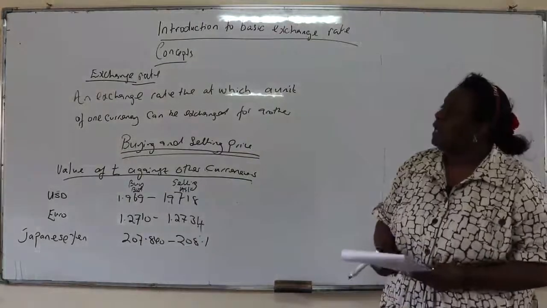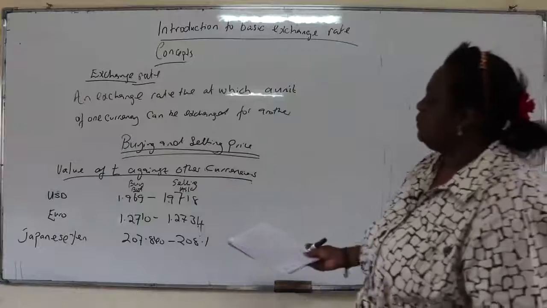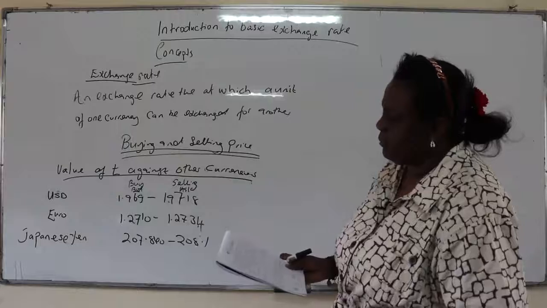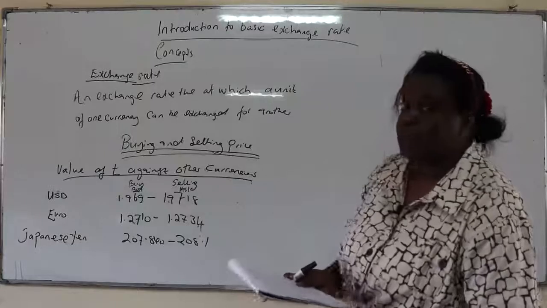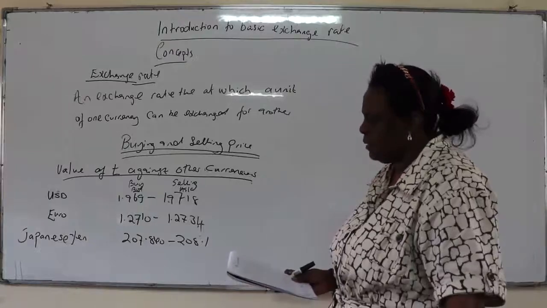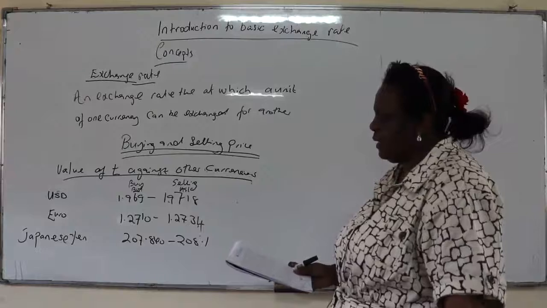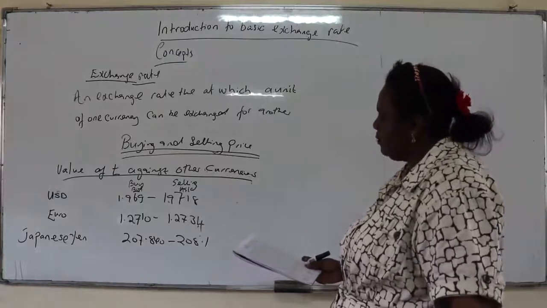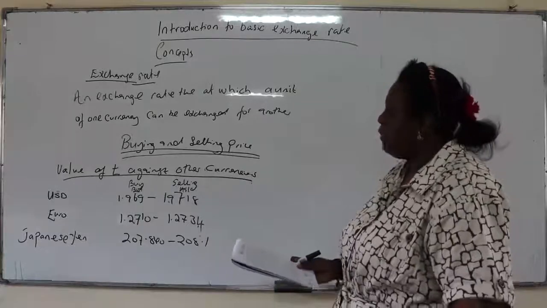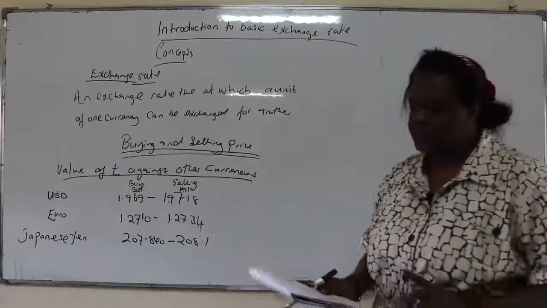So we can say that the lower of the two rates is the price at which the bank will buy, for example, sell dollars in return for sterling, and the higher is the rate at which the bank will sell, for example, sell pounds for dollars.